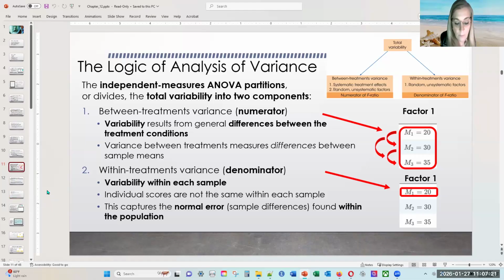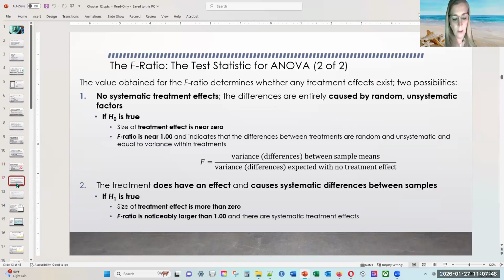And of course, that captures the normal error or sample differences found within the population. We're not making any comparisons. It's like taking all of the scores and finding the variance between all those scores. It's not comparing any differences between the groups.